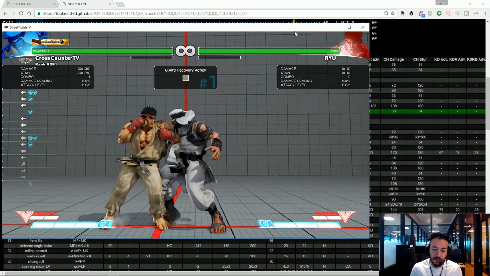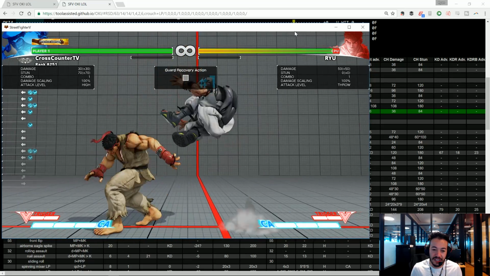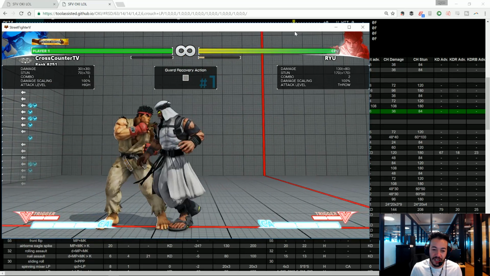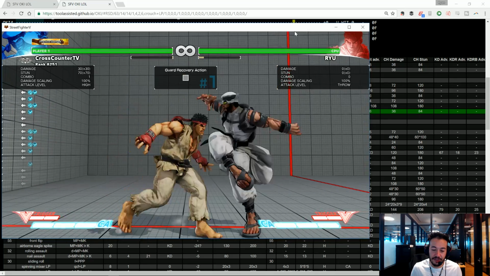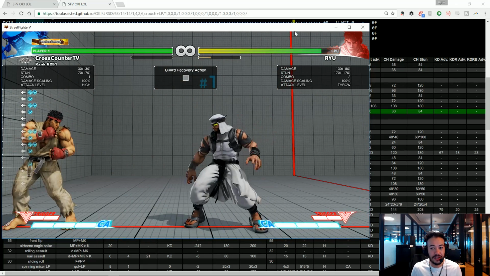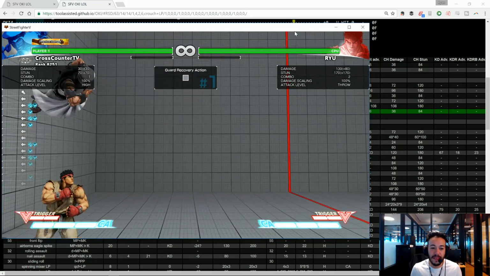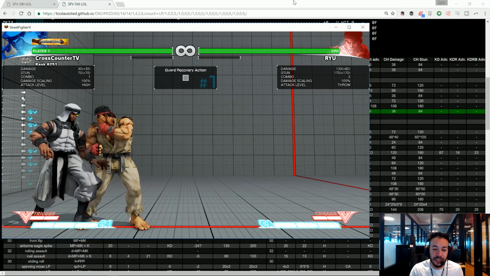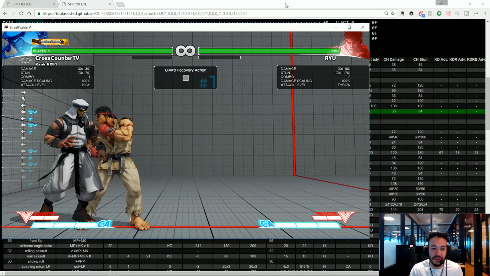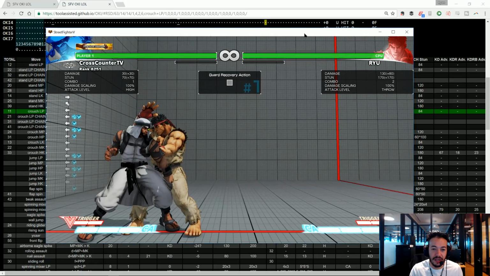If we start by going for the throw first, then it's only going to take him a few tries. He's only going to need to get thrown a couple of times to be like, oh, I should start teching this.